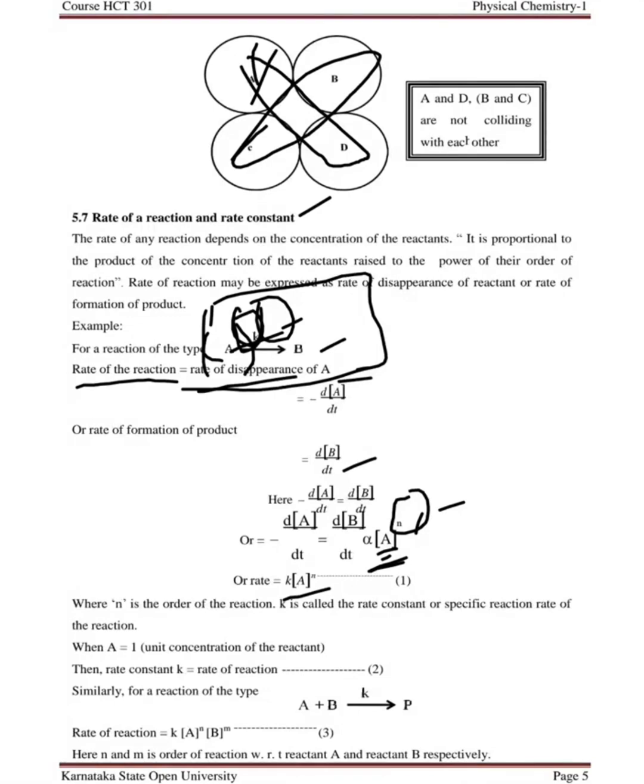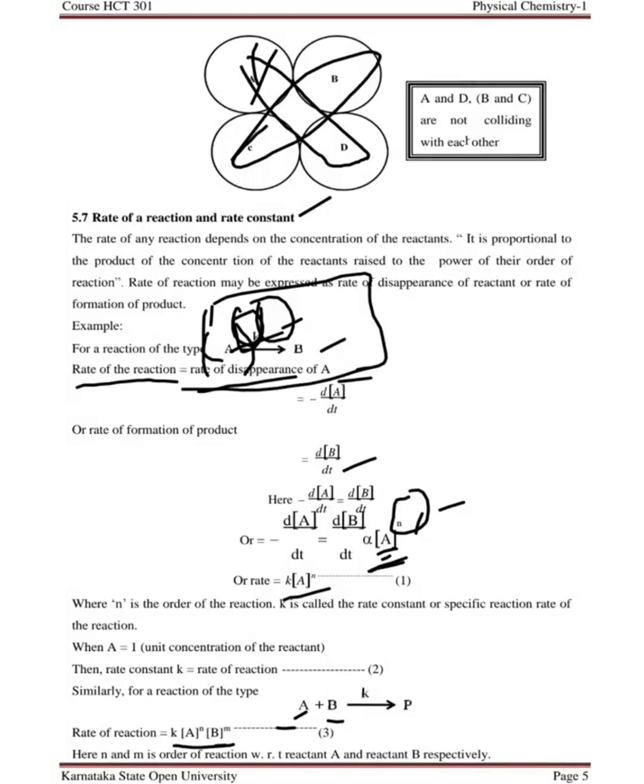It can be written as K into A to the power of n and B to the power of m. Here A is a reactant and B is another reactant, where n is the order of reaction with respect to A and m is the order of reaction with respect to B.